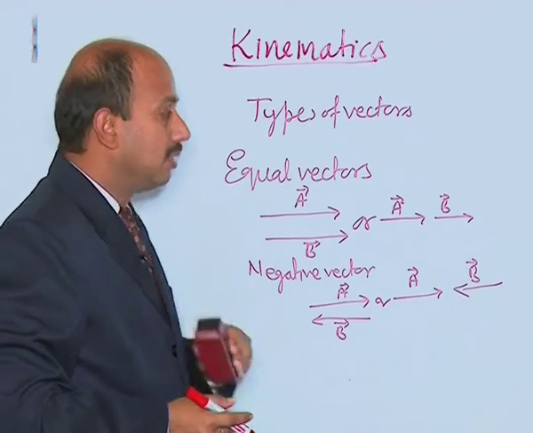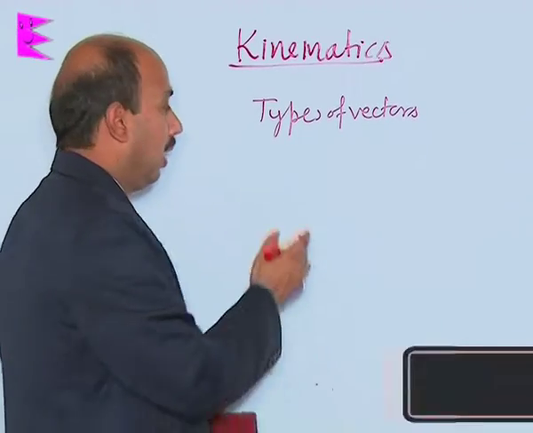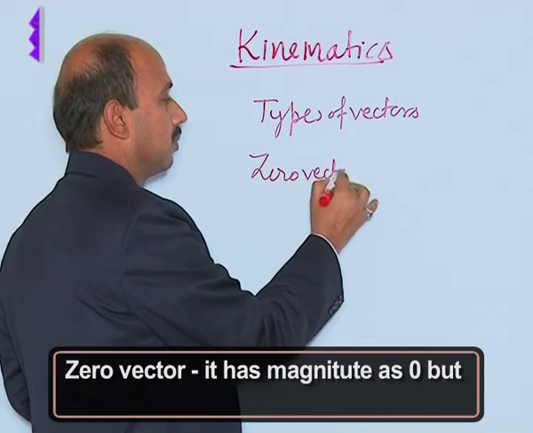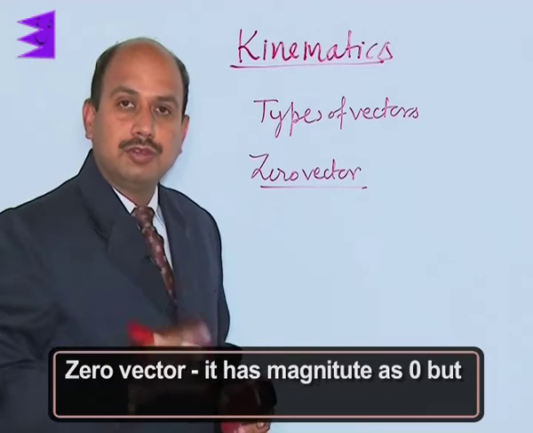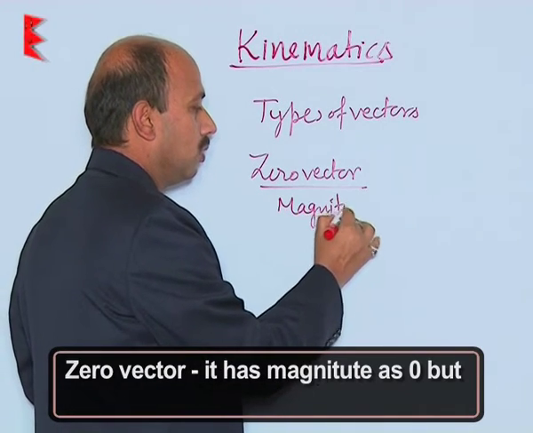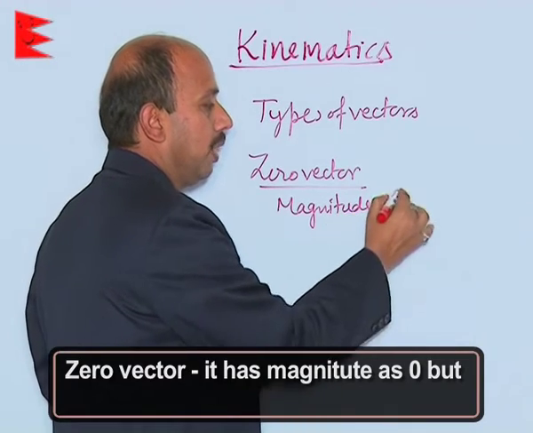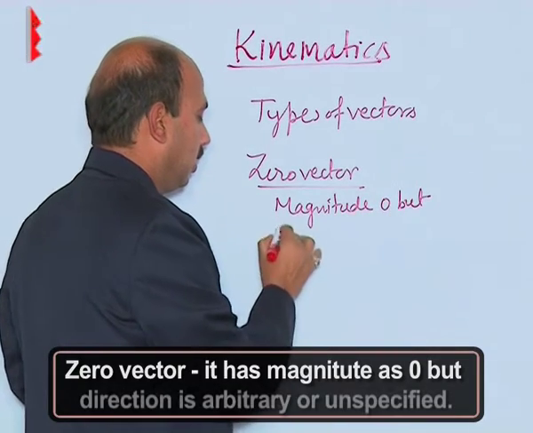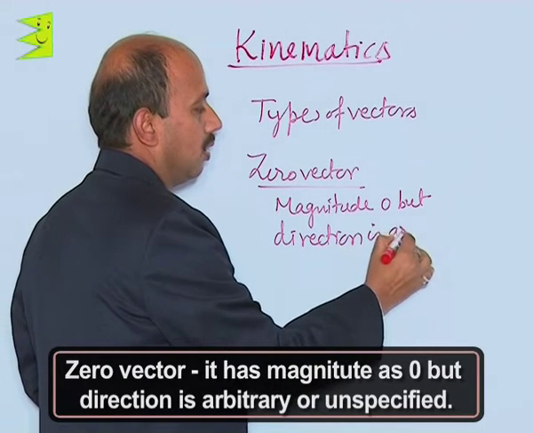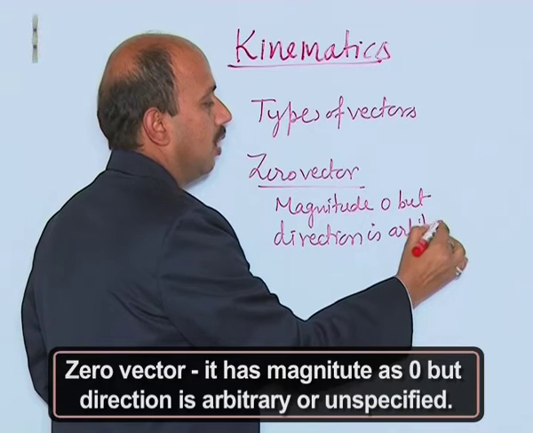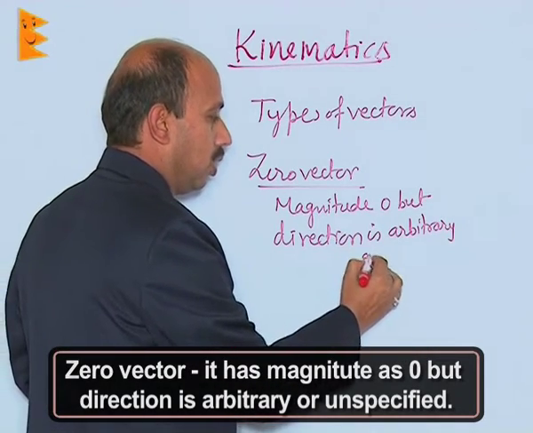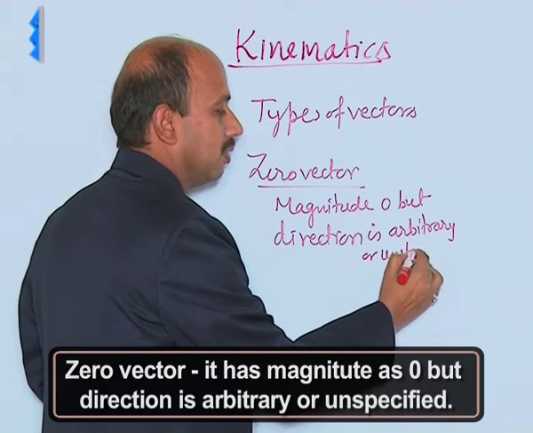Also we can take another type of vector, like a 0 vector. See, a 0 vector has magnitude 0, but direction is arbitrary, that is, unspecified.